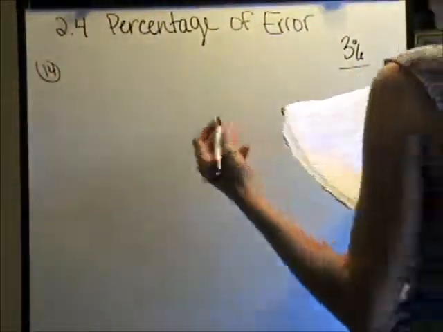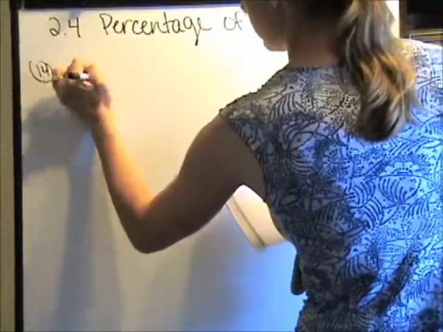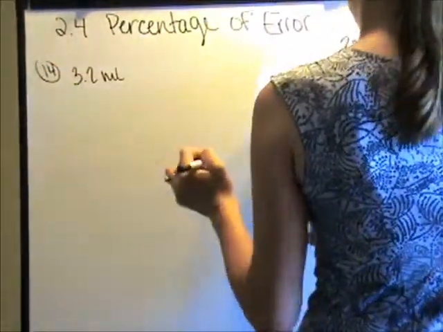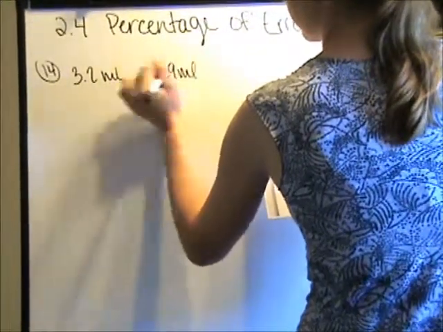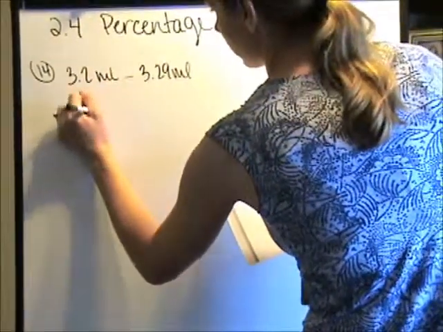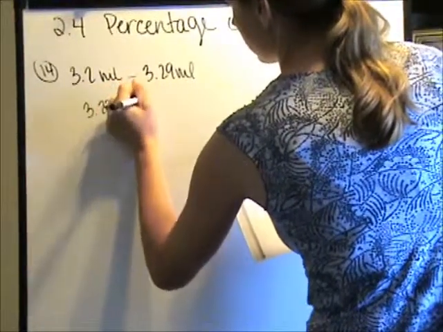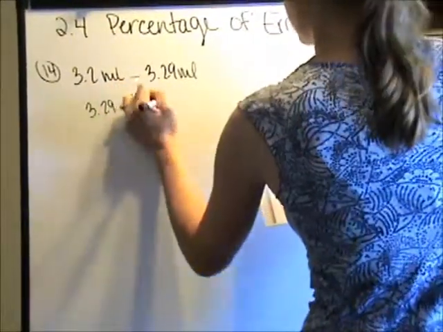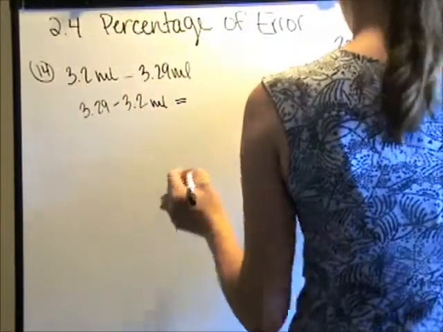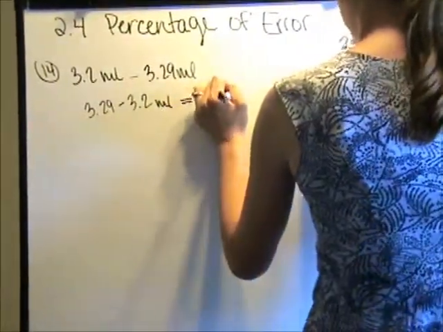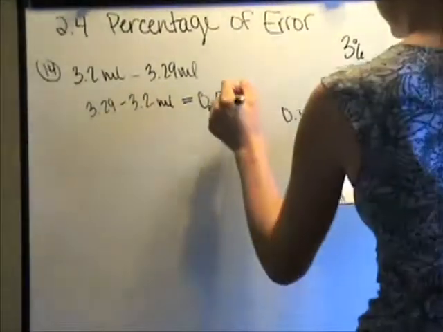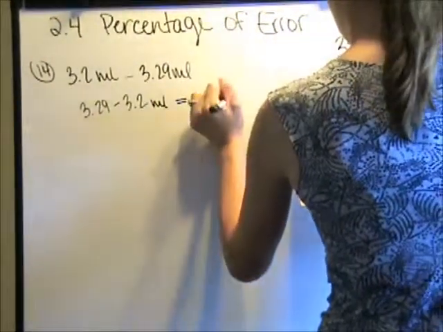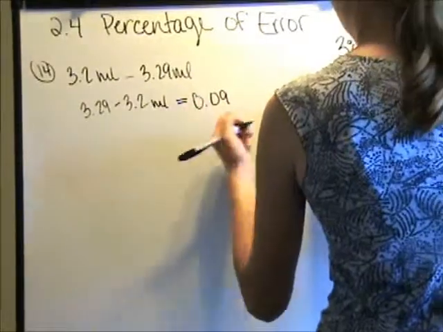The measured volume was 3.2 ml, but the actual volume is 3.29. Okay, so actually we should write this the other way to subtract it properly. And that is going to work out to the amount of error of 0.09.